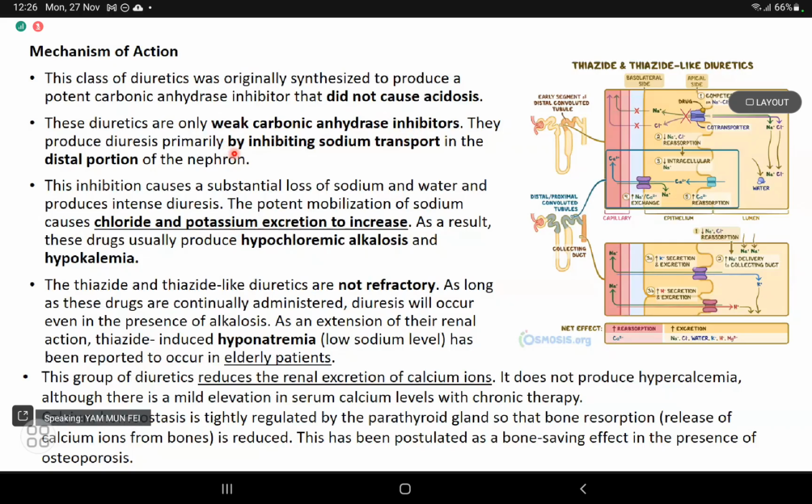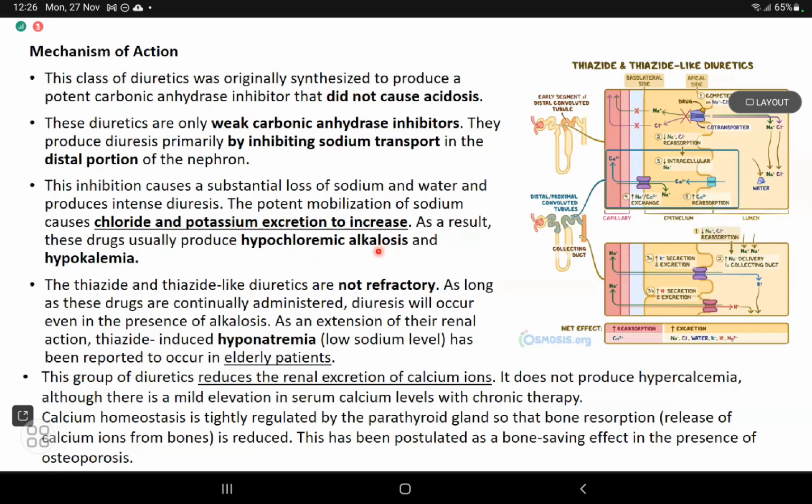Second one is by inhibiting the sodium transportation, the second mechanism. Since I just mentioned the weak carbonic anhydrase inhibition, that's why it does not cause acidosis, which happens in the carbonic anhydrase inhibitor groups. So do not cause acidosis.